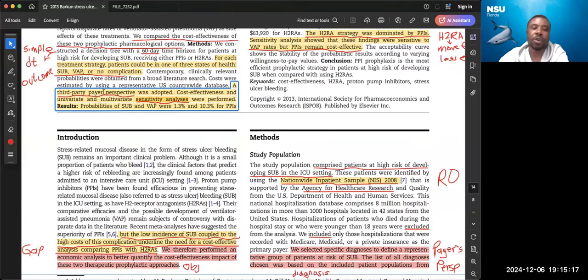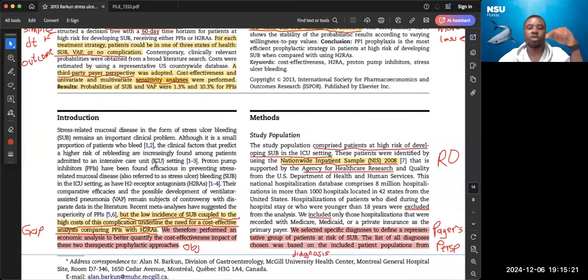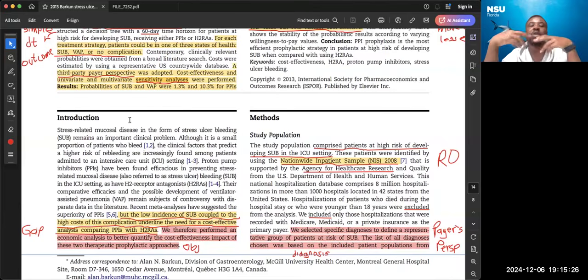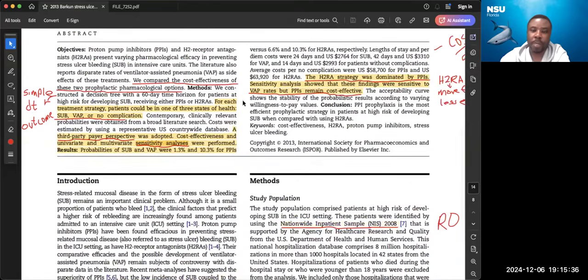But in this case, it was the payer's perspective. When we go to the method, I will explain what will help you know whether it's payers or employers or whatever. And also they did sensitivity analysis, so we'll go through that as well.